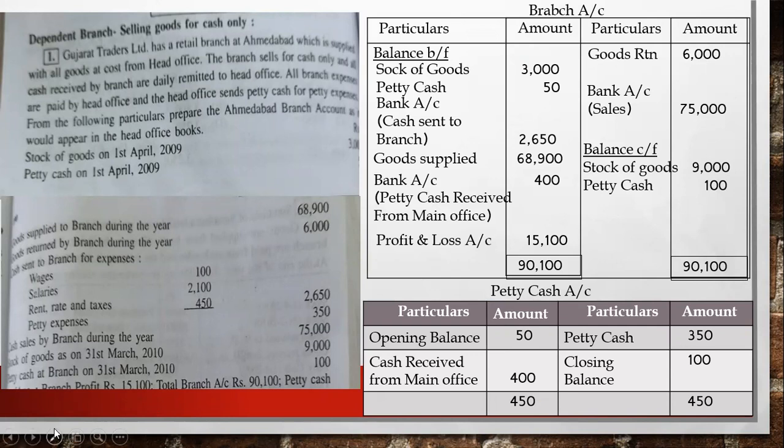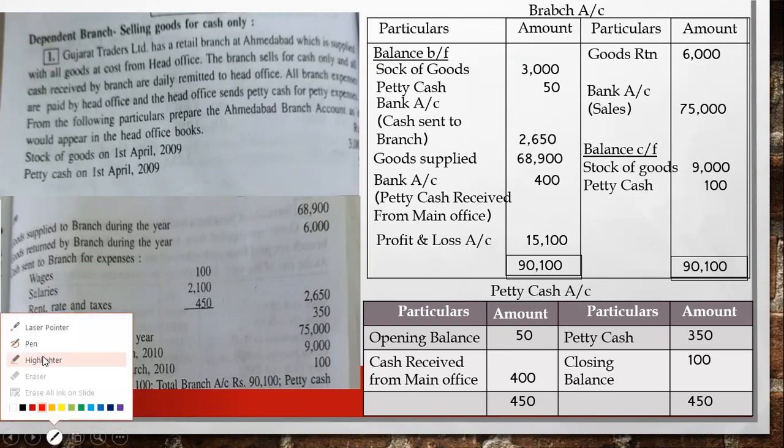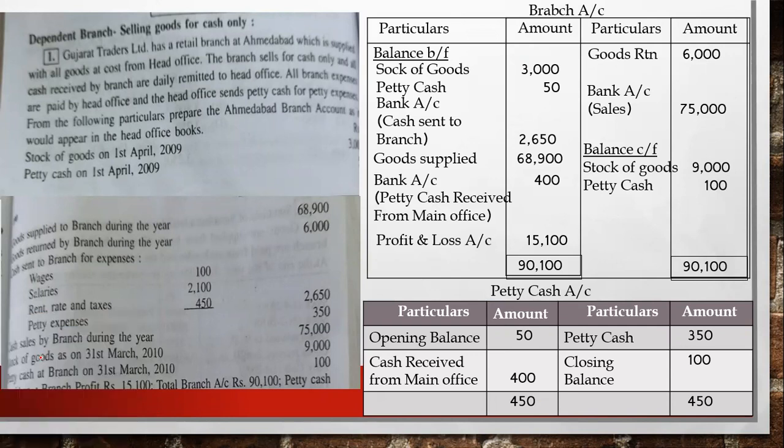So first we will start with the opening balance. Here there is an opening balance of stock of goods 3,000. So we will write down balance brought forward, stock of goods 3,000. Then petty cash is 50 rupees. Then goods supplied to the branch during the year, it is also debited.